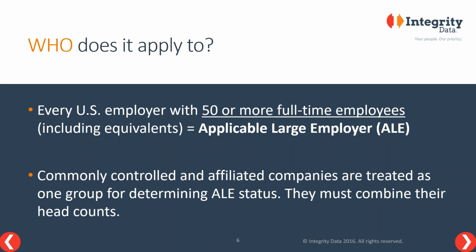For example, in our organization here at Integrity Data, the owner of this company owns a couple of other organizations as well. And so those all have to be combined for purposes of determining whether or not we're an ALE. All right, so once you get past that and you make that determination, if you're an ALE for 2016, you need to be in compliance in 2017.